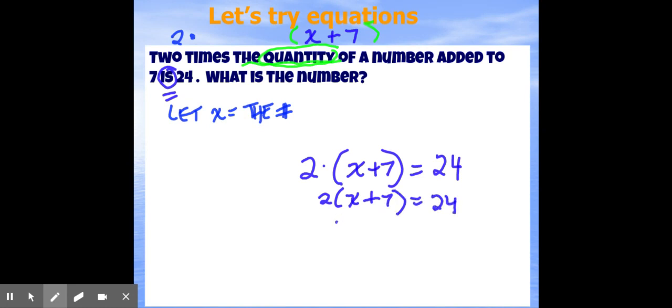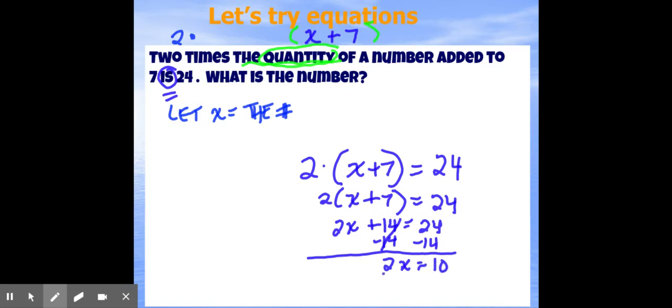Now we're going to distribute to solve, distributive property here. And then we just go ahead and we solve our equation. Now for these first couple of ones, I have solved and done all the algebra for you on camera, just so you have a chance to see it. We end up with x is equal to 5, which we know is not where we're going to stop. We're then going to make a conclusion.